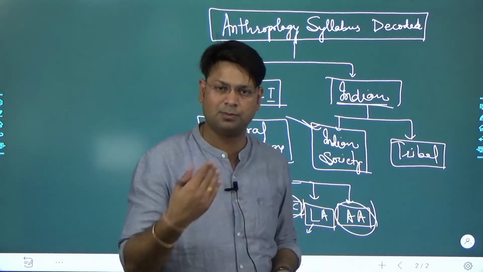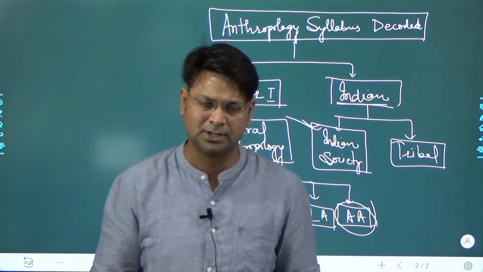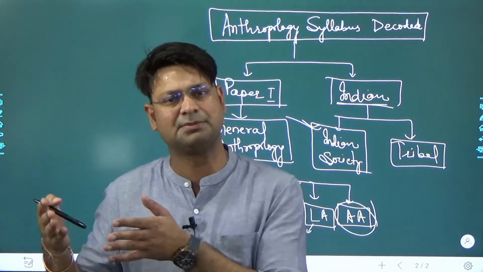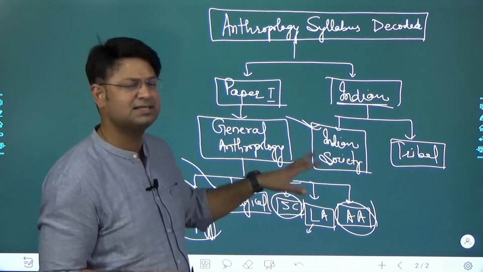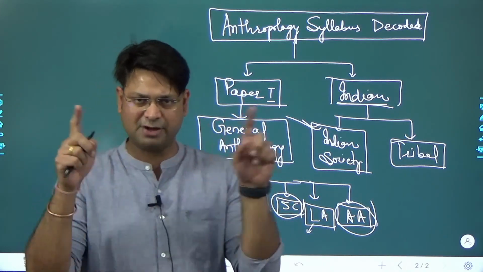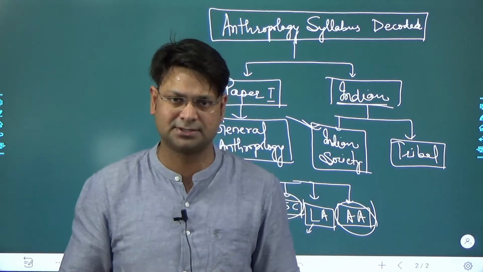What the basic problems of tribals are and how we can resolve them. What the problems of communalism, regionalism, etc. are, and how we can resolve them. So this is the basic framework, the basic outline of the syllabus.